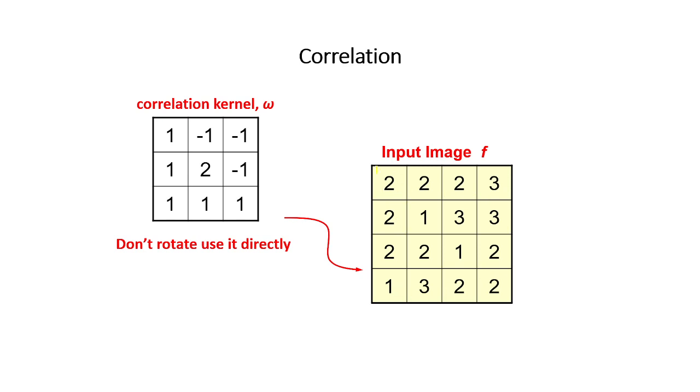Say there is an image of 4 by 4, this is a pixel value, this is another pixel value, 2 2 2 3, 2 1 3 3, these are the pixel values of input image F. And this is our 3 by 3 masking kernel.